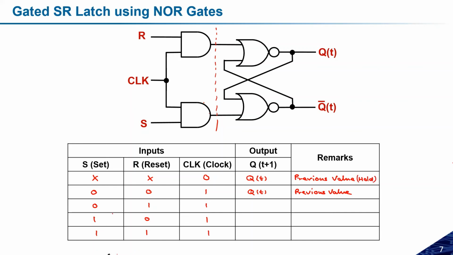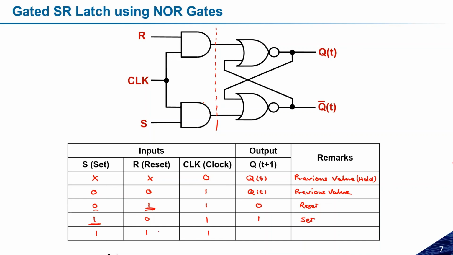Now if it is 01, we know that 01 means set is equal to 0, reset is equal to 1. So the output is going to be reset, because reset is activated here. So this is what we can say, this resets the output. Next, 10 means we are setting up. So it will set the output, which will give you the 1.